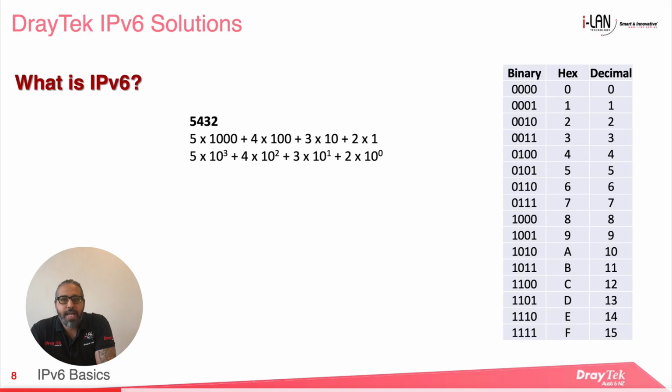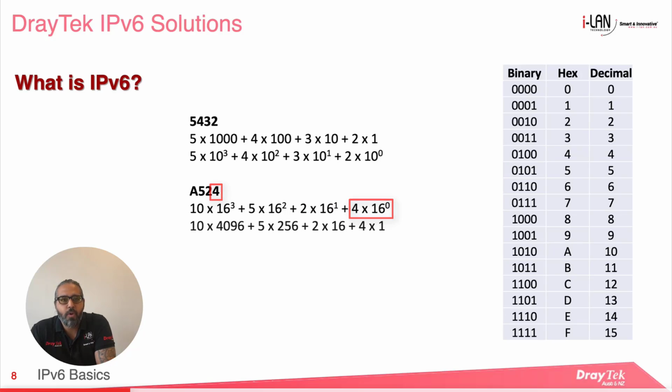So if we go back to our hex number of A524, we can find out its decimal value by adding A, which from the chart we know is 10, times 16 to the power of 3, plus 5 multiplied by 16 to the power of 2, plus 2 multiplied by 16 to the power of 1, plus 4 multiplied by 16 to the power of 0, or 10 multiplied by 4096, plus 5 multiplied by 256, plus 2 into 16, plus 4 into 1, which comes to 42,276.